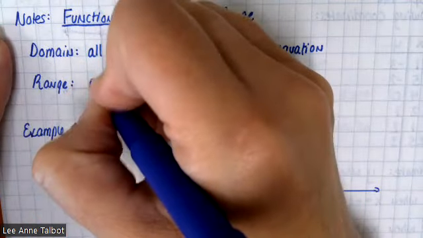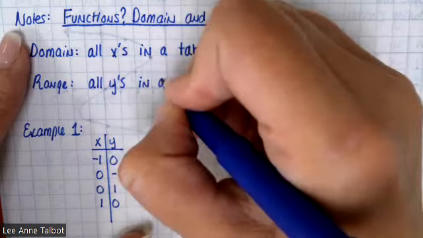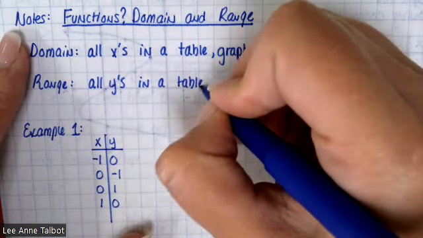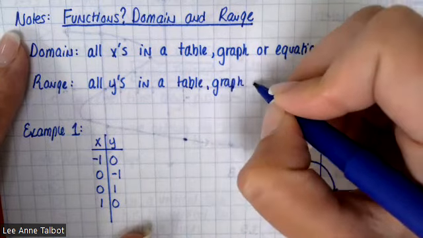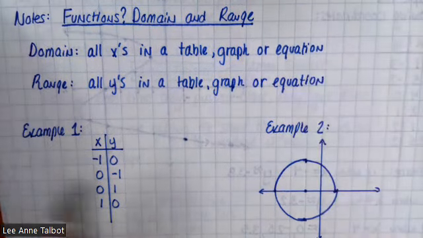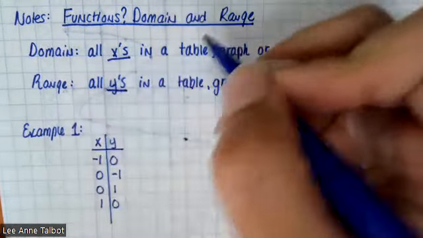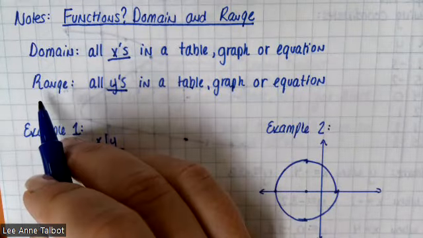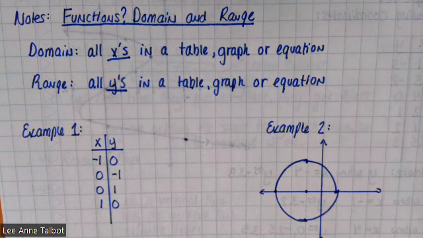The range is all y's in a table, graph, or equation. So domain is x's, range is y's. So remember, D and R are in alphabetical order, just like X and Y are in alphabetical order.